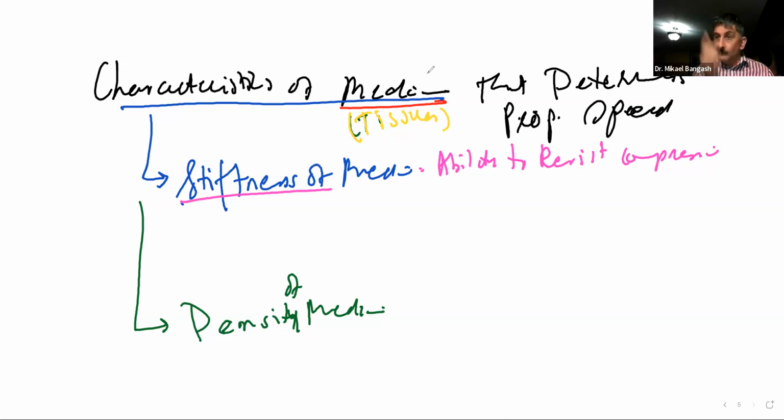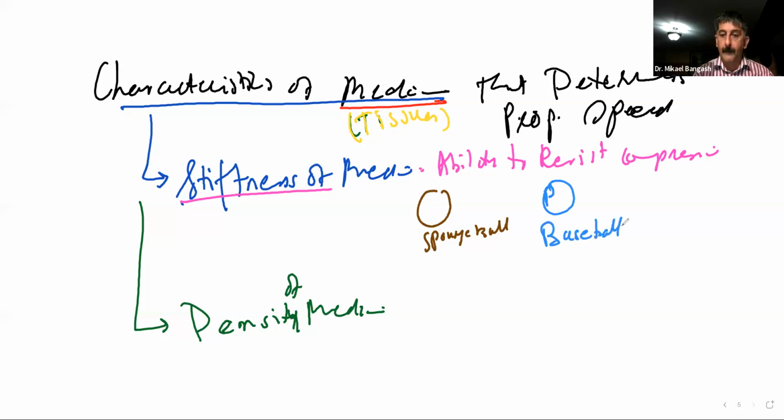You may take, let's say, two different things. Let's say we have a sponge ball, and we have a baseball.